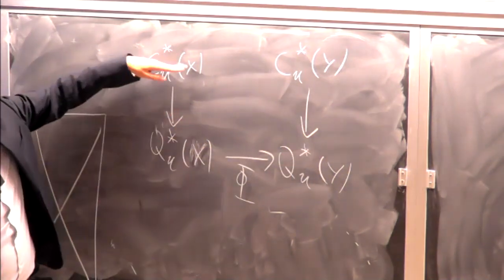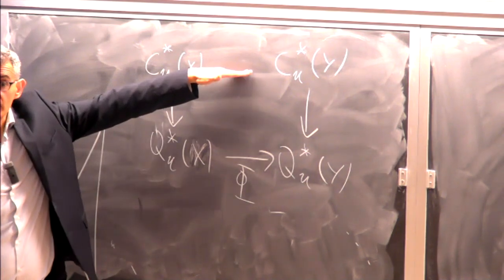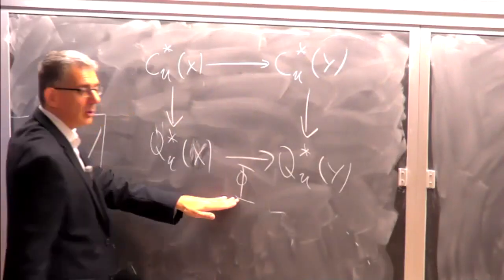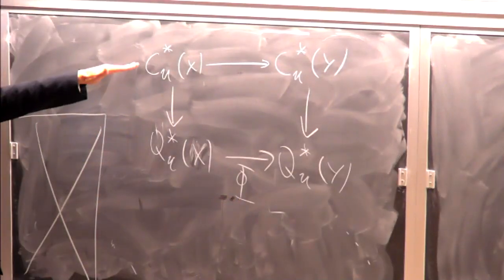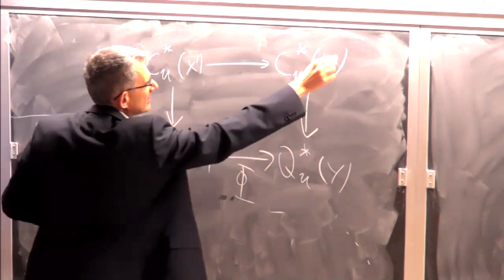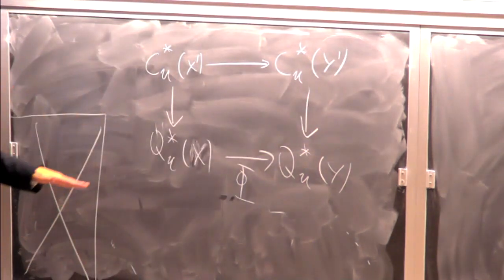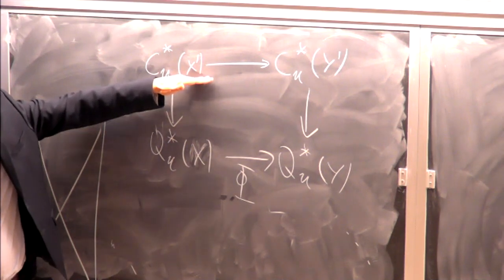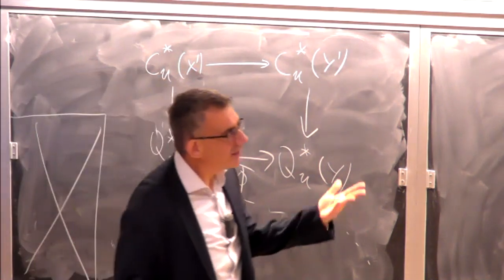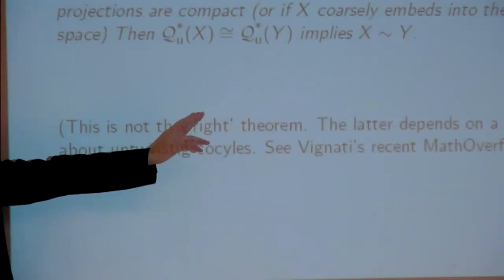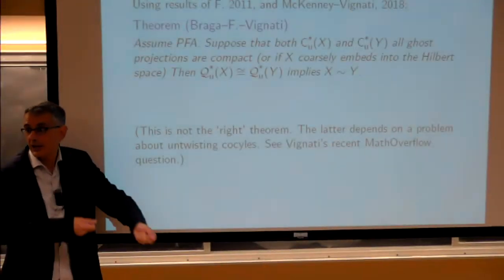There should be a homomorphism between these upstairs algebras which lifts phi. That's not quite the case, usually, but some reasonable map which does the trick. So maybe you want to remove finite subsets of X and Y or something like that. But basically, there should be a lifting theory. This is how I wanted the proof to look. Unfortunately, at this point, we can just do some sort of a halfway lift and then argue the way that we argued before, that actually we can construct a coarse equivalence.